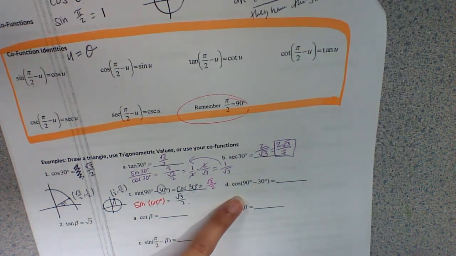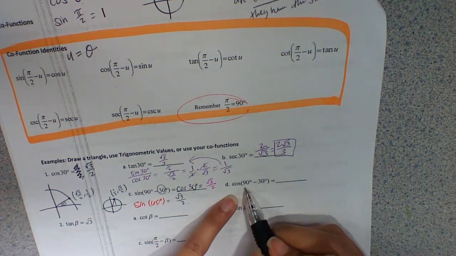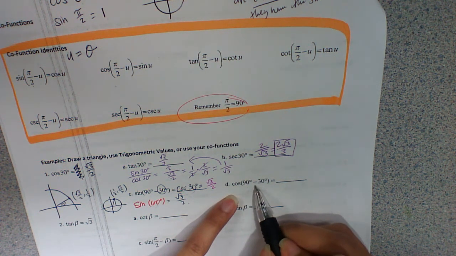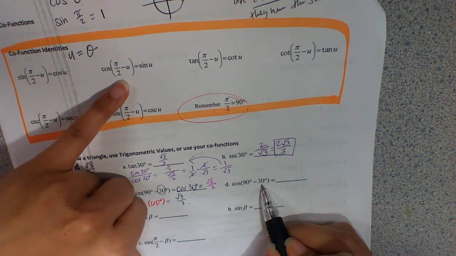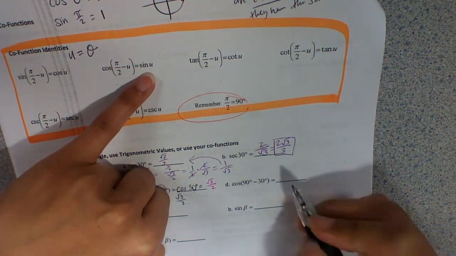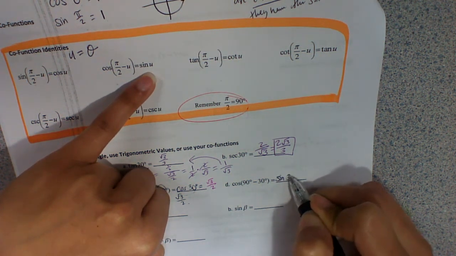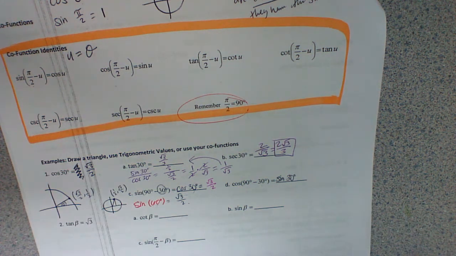Okay. Part D, again, it's asking for another cofunction. So now I'm looking at cos of 90 minus my angle. So cos of 90 minus my angle is really asking for sine of your angle, which is in this case 30 degrees. Now sine of 30 degrees, according to my coordinate, is a half. So there's that.